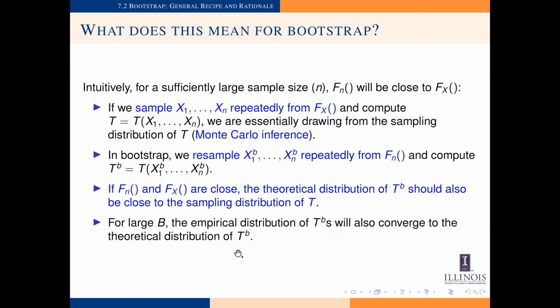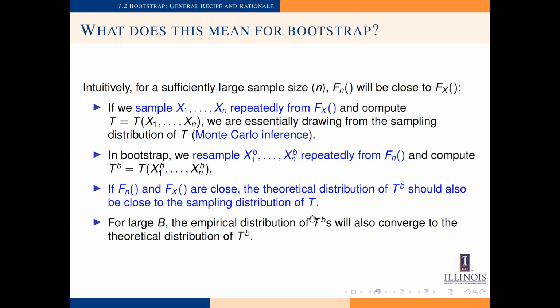In other words, if our sample size n is sufficiently large, then Fn and Fx are going to be close, meaning that the theoretical distribution of Tb is going to be close to the theoretical distribution of T, which is the thing we're interested in.